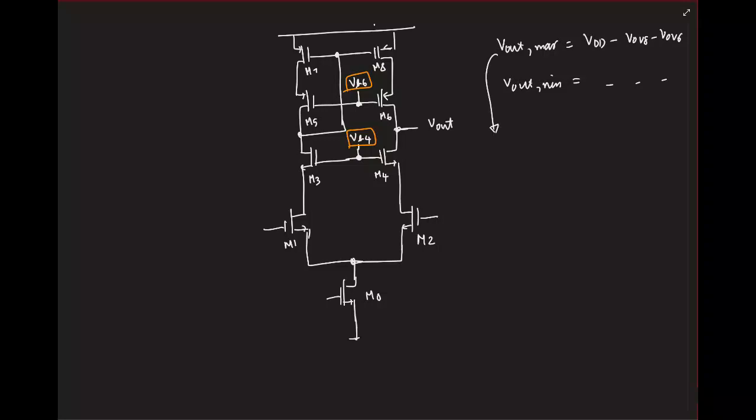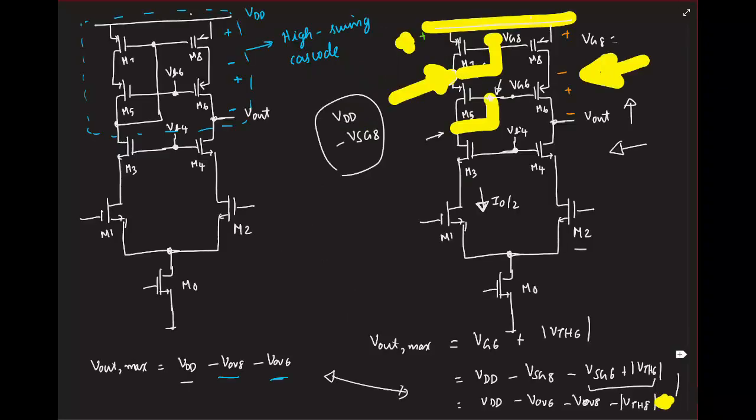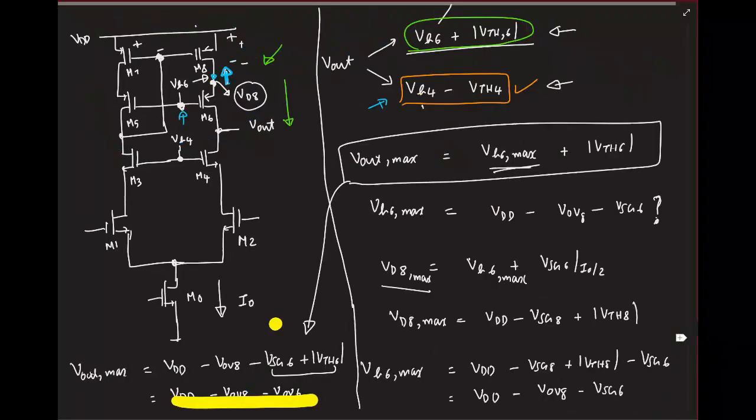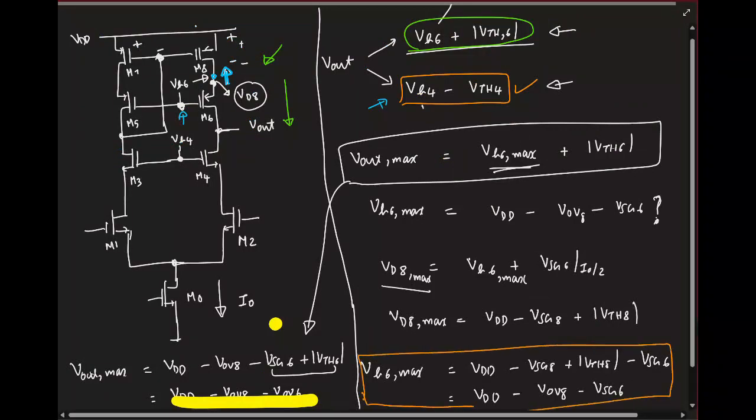So if I were to have this maximum Vout, we already computed what should be VB6. So let me reuse it quickly. I already found what is the maximum VB6 I need to have, right? If I have this VB6 here, then my output will be maximum and equal to the value we have.